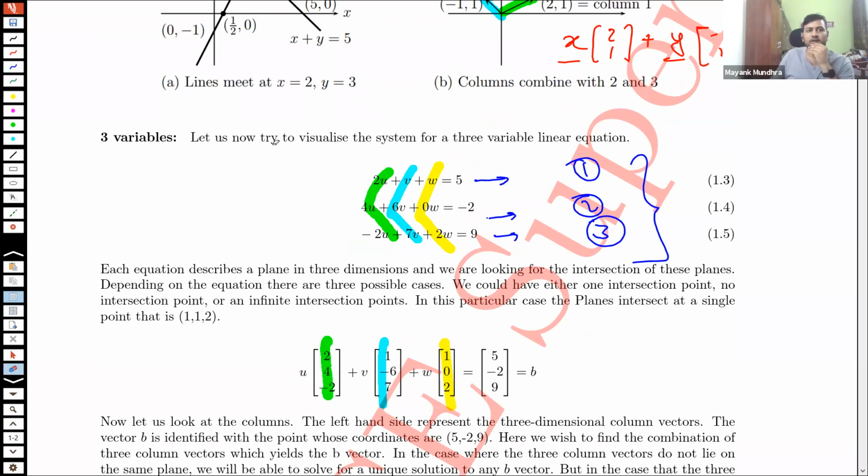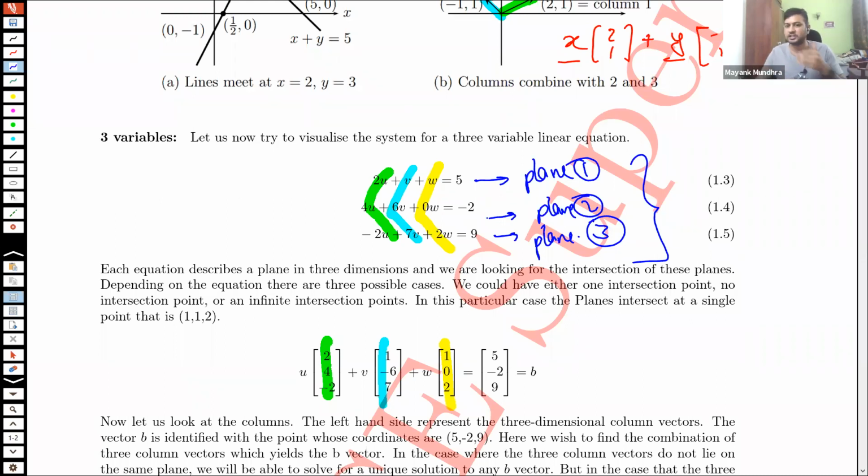What I'm calling a line, you should think of this more as a plane. In linear algebra terms, I'm calling it a line, but you can think of it as a plane in 3 dimensions. This plane is basically this entire surface, like your tabletop, your laptop.